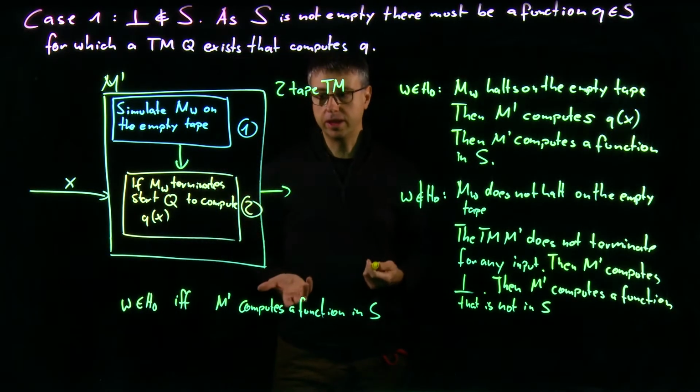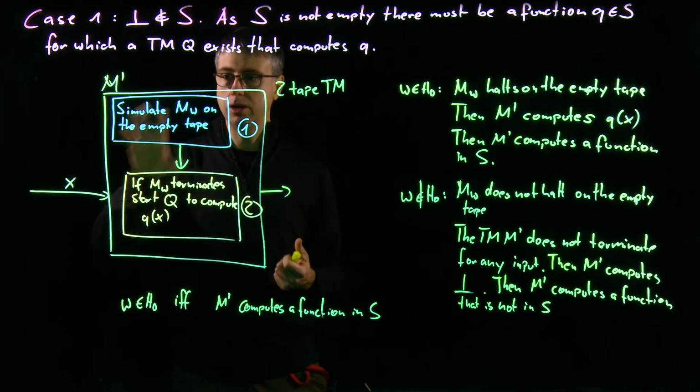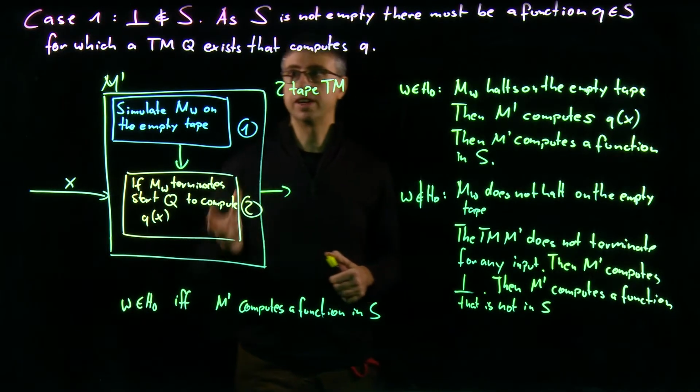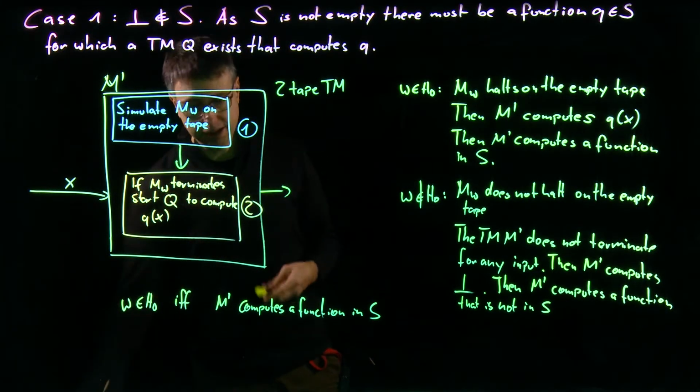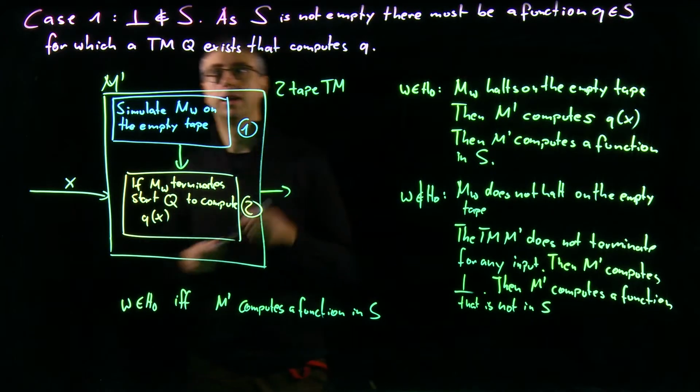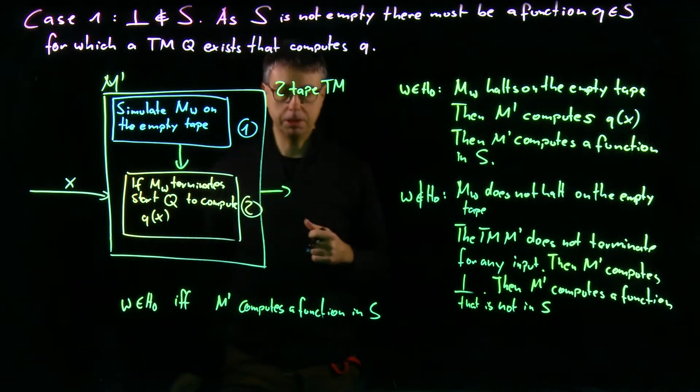But we already know that this problem is undecidable. So the problem whether a Turing machine computes a function in S must be undecidable as well. So we can conclude that in this case this problem cannot be decidable.